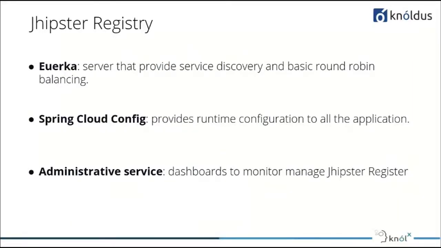So we have a JHipster registry. The JHipster registry is a JHipster application which provides us service discovery, central configuration, and an administrative service. What is Eureka? Through the JHipster registry, Eureka provides us the functionality of service discovery. And Spring Cloud Config is used to provide the central configuration.